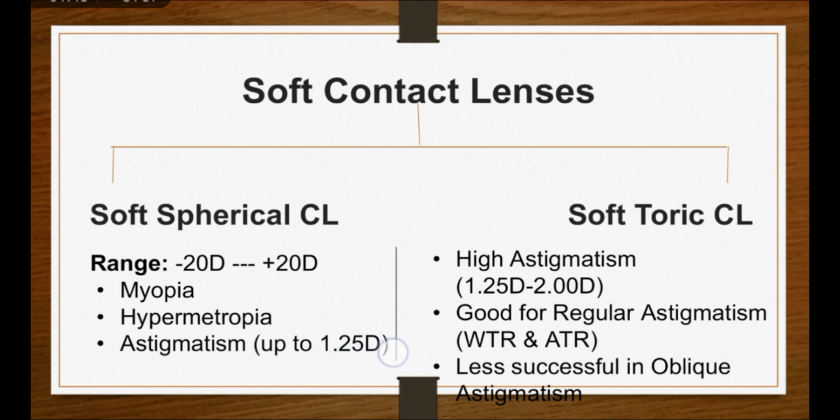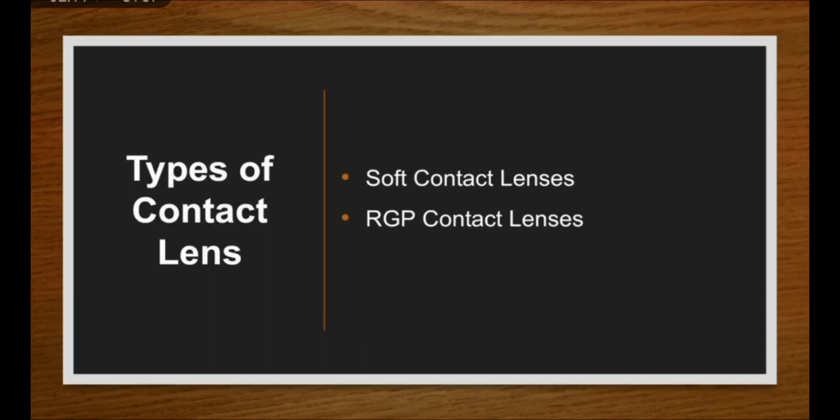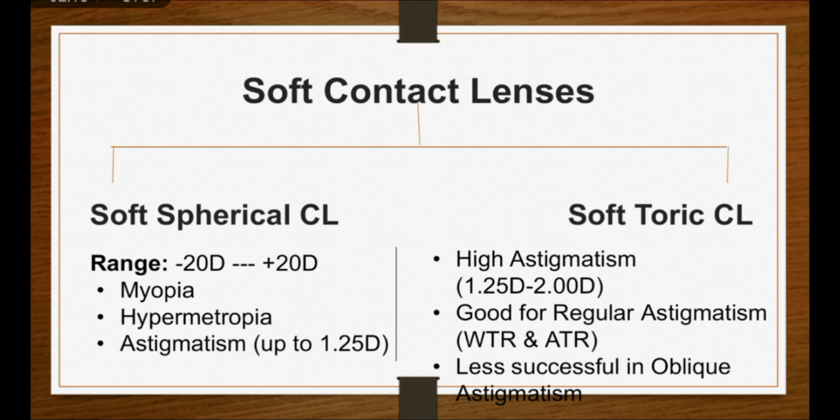astigmatism of 1.25 diopters can be resolved with the help of the tear film layer, right? Between the cornea and the contact lens there is a layer of tear film, which acts as an optical media or tear lens, which will give some power and correct astigmatism up to 1.25 diopters.